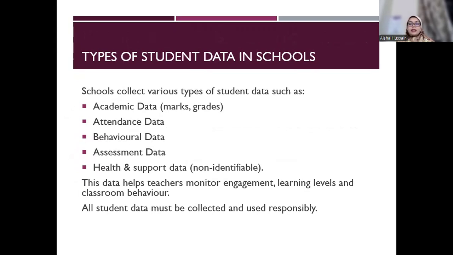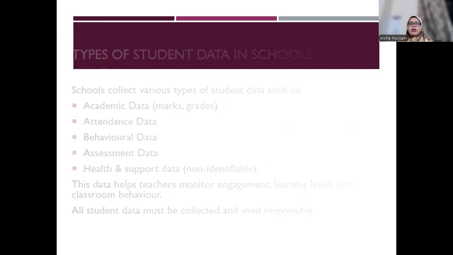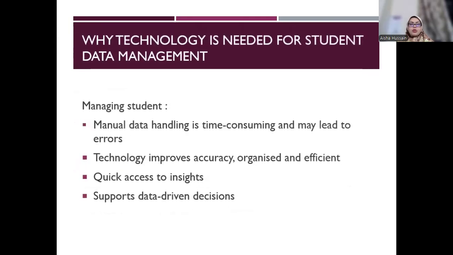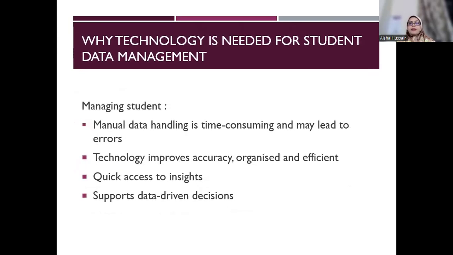Then, attendance data shows the presence and punctuality of the student. Now, when these data types are combined, the teachers get a fair, holistic understanding of each student. So now schools generate large volumes of student data, also referred to as big data.